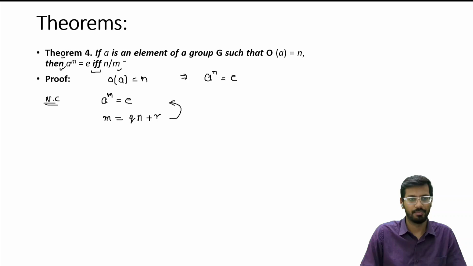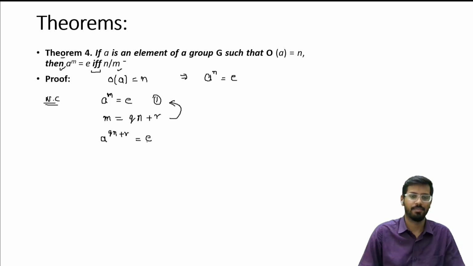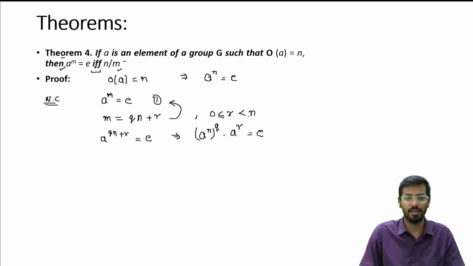Now put this in equation 1. So A raised to power qn plus r is equal to identity element. That means A raised to power n raised to power q, dot A raised to power r, that is identity element. Here r is greater than or equal to 0 but less than n.